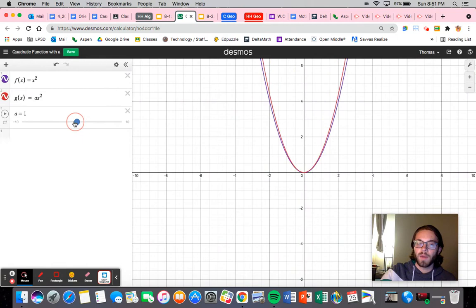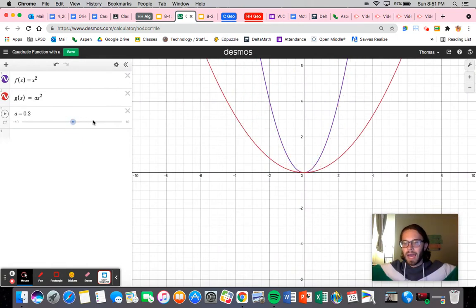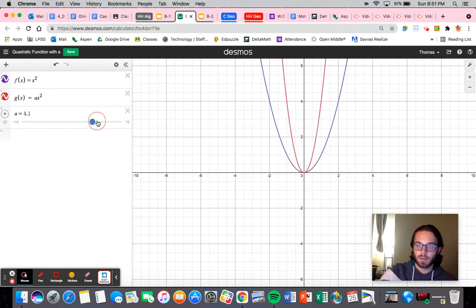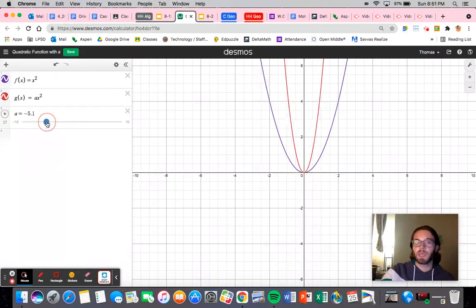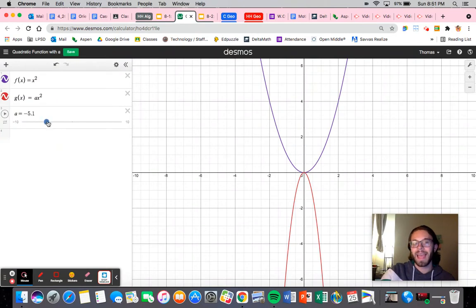Okay? So right, when you have an a that's less than 1, you're going to have a wider parabola. And when you have an a that is greater than 1, you're going to have a skinnier kind of parabola. Now, if I make it negative, you can probably already guess what's going to happen. It's going to flip over. And then once again, if it is less than -1, it's going to get skinny.